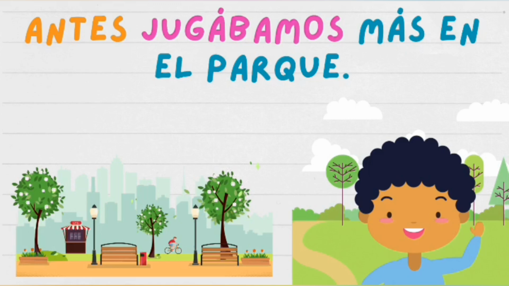So if you want to say, before we played more in the park, in Spanish you have to say, antes jugábamos más en el parque. Okay, antes, before, we played, jugábamos more, más, in the park, en el parque.